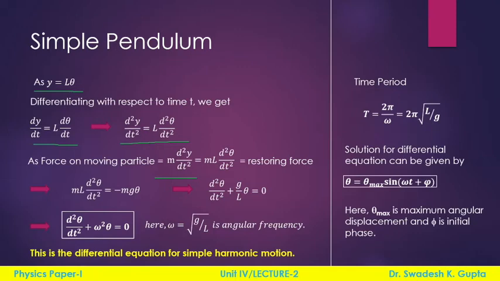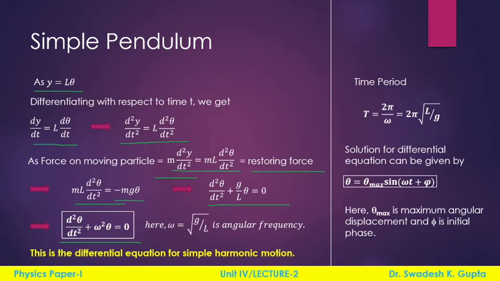Then we can put these equal to each other, and we know that the restoring force is minus mg theta, so we will get a differential equation which is similar to the simple harmonic motion equation, and thus this equation represents the SHM equation for a simple pendulum.